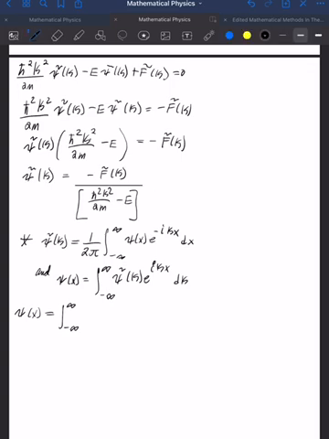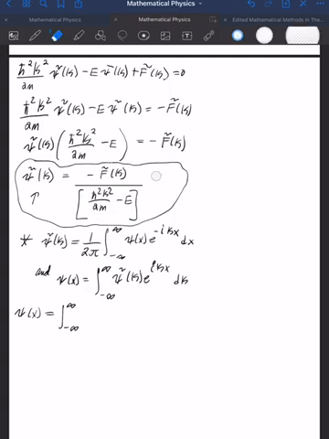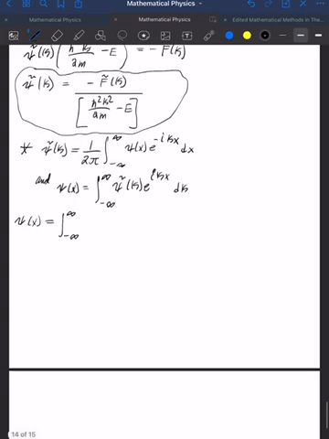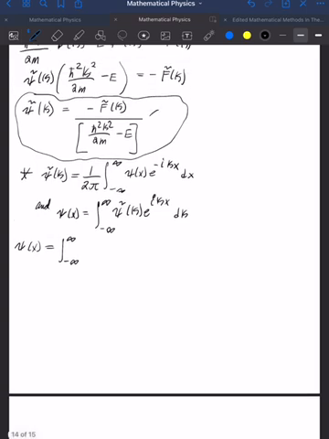So if we take the inverse transform of both sides of this whole equation, we get psi of x on the left-hand side, and that's equal to the integral from minus infinity to infinity of psi tilde of k. Well, psi tilde of k is equal to this whole thing here.